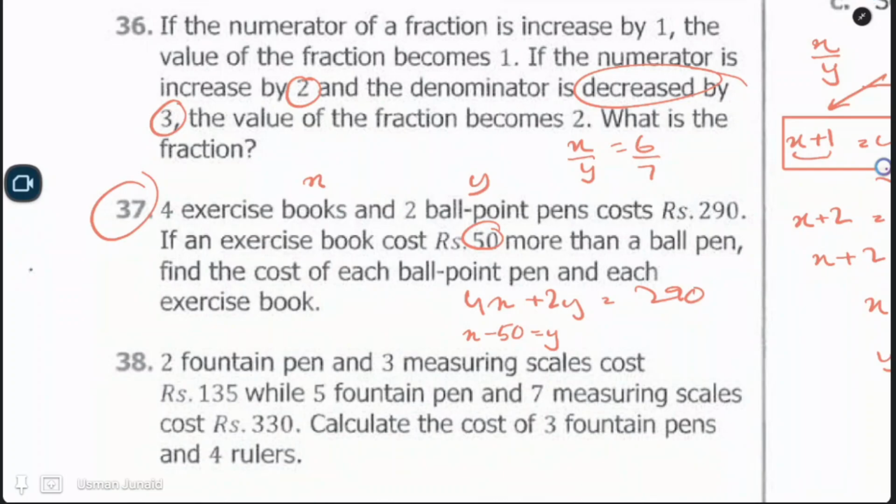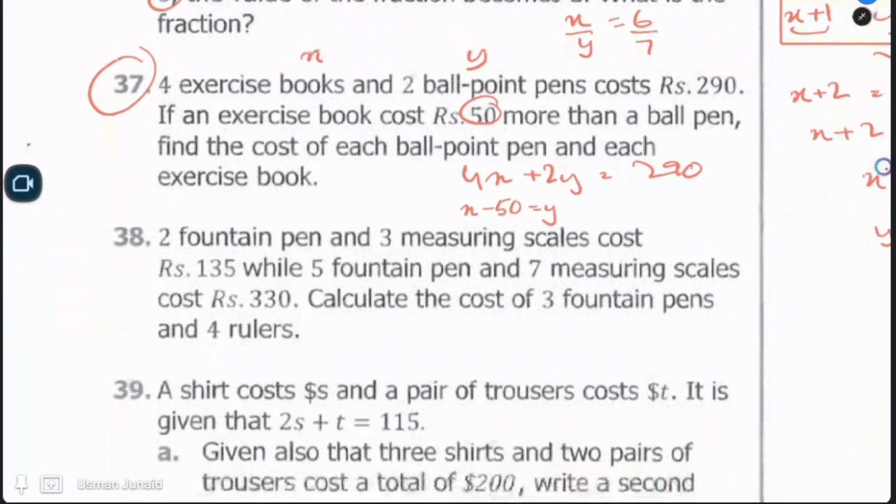So the answer is x is equal to 65 and y is equal to 15. So you got what values again? X is equal to 65 and y is equal to 15. Exactly. Can you do 38 now? Yes.